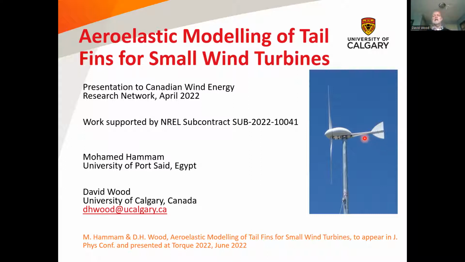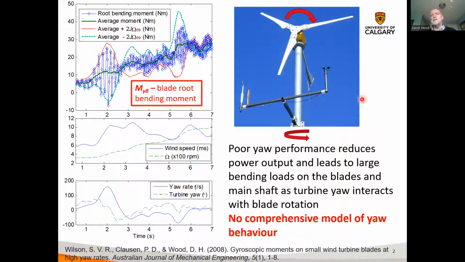And that is actually an extremely important component of small wind turbine behavior, because everybody knows that yaw errors reduce the power output. But one thing that is particularly apparent for people involved with small wind turbines is that if you have a rotating rotor, and remember that small wind turbines tend to rotate at much higher RPM than large turbines, and that rotating rotor is yawing, that induces gyroscopic loads on the blades and the main shaft.